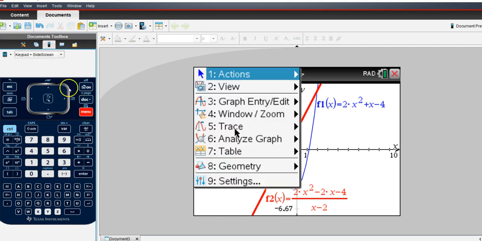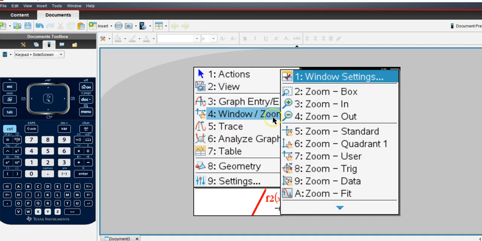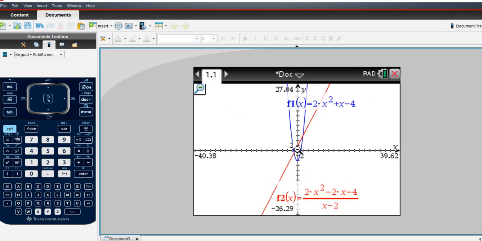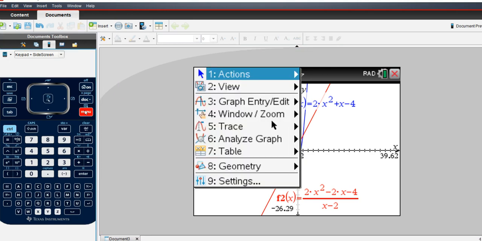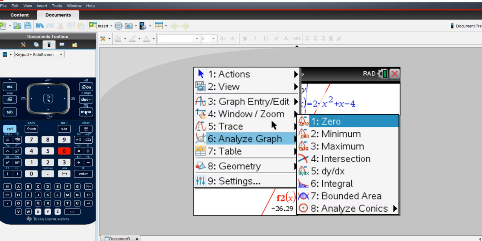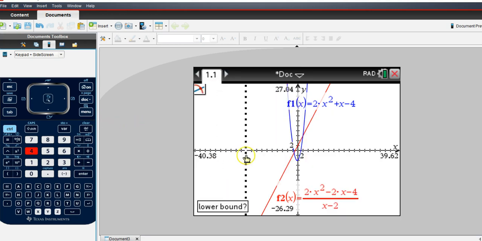I'm going to go to menu, window zoom, and I'm going to zoom out just a few times. And it doesn't look like there's any weird ones. Then menu, analyze graph, intersection, left side to right side. That one's at -1.5.